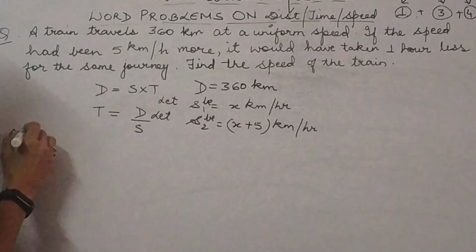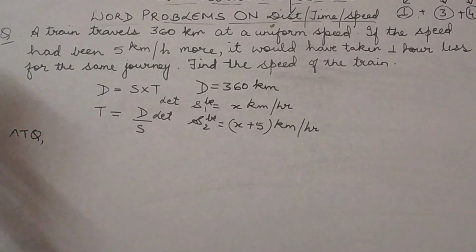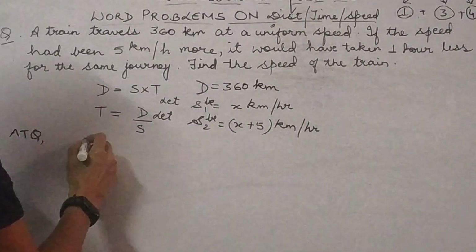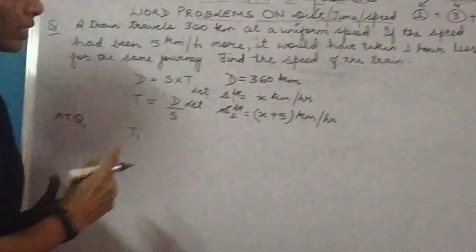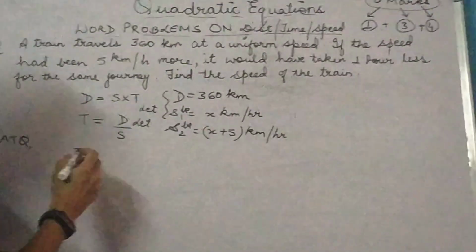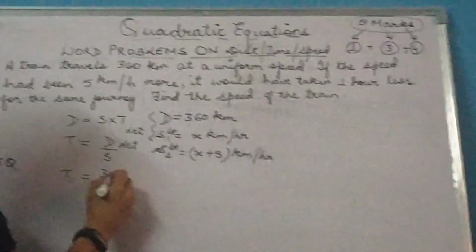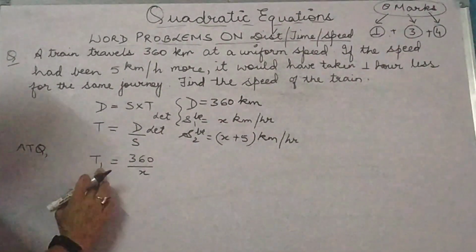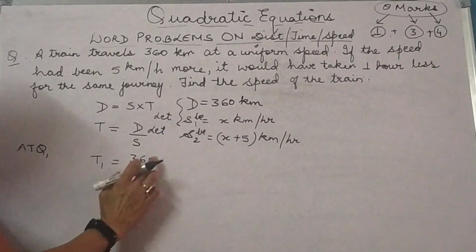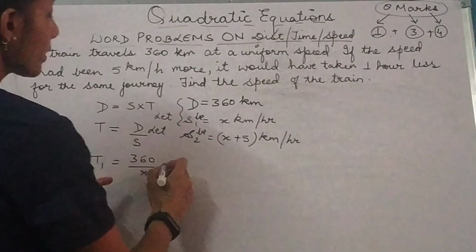Now according to the question, what can I frame? For the first I can say t equal to, that means time first. In the first case the time will be, distance is 360 and speed is x. So I have written that time taken in the first condition is 360 by x.